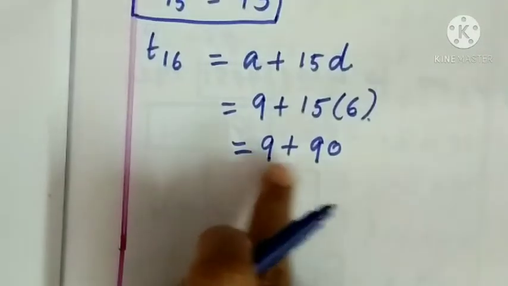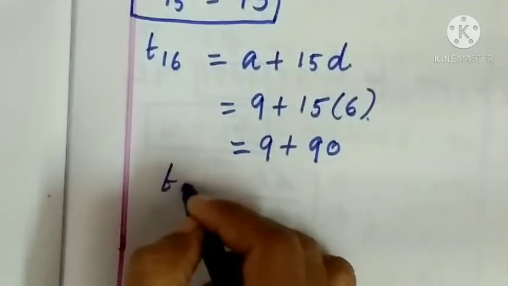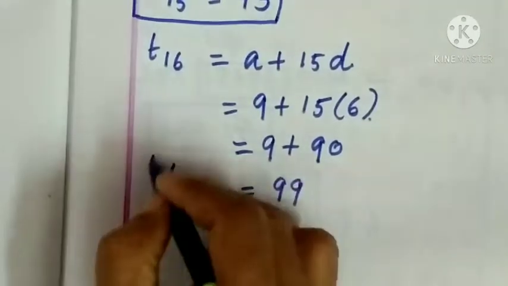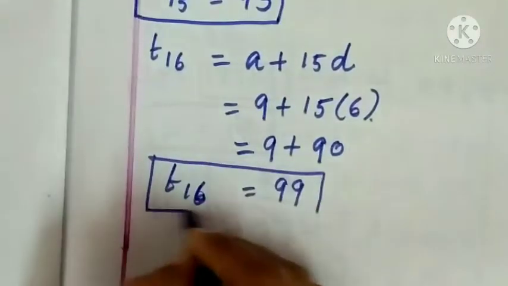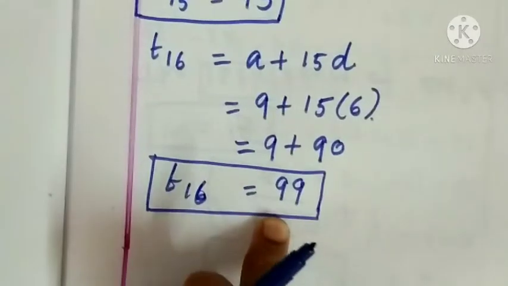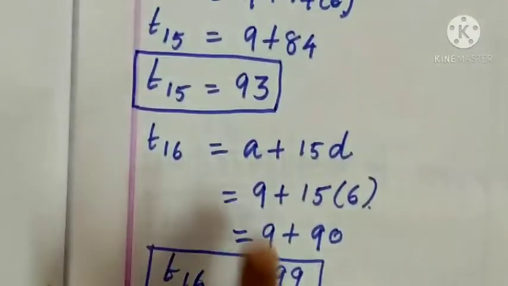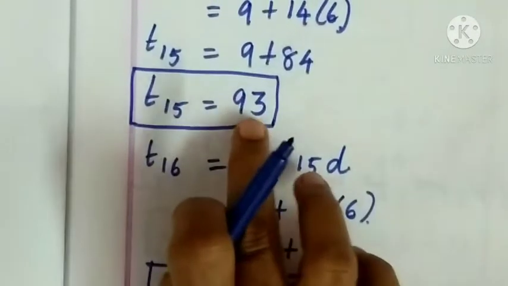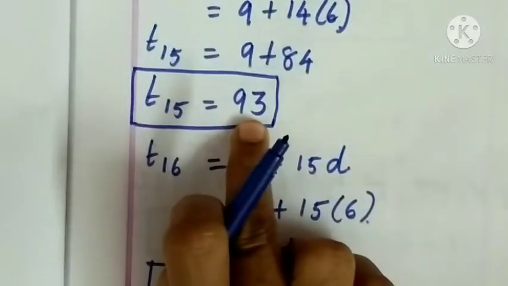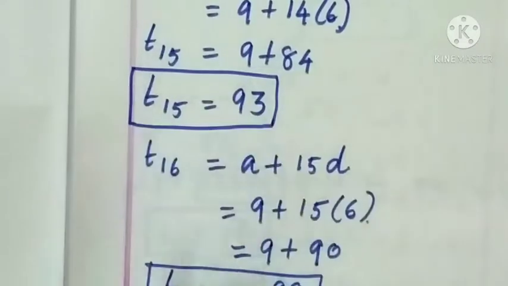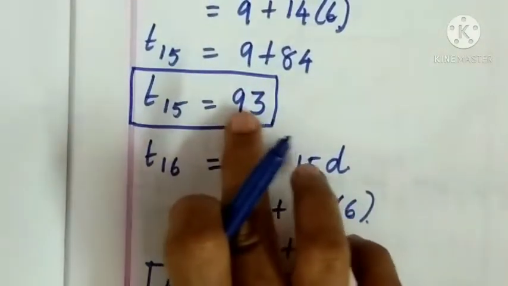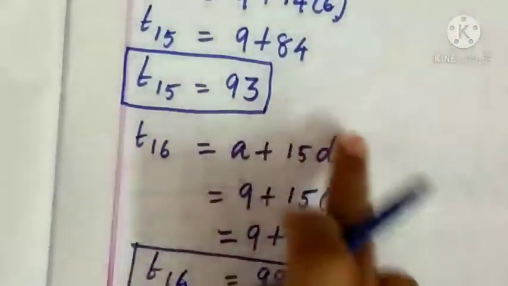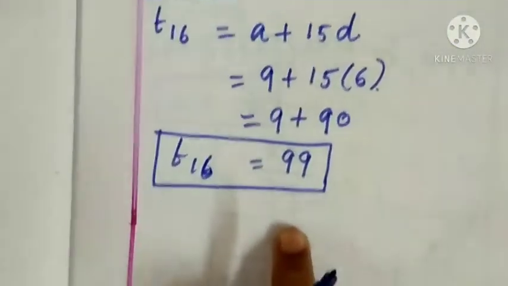Now add 9, and we get T16 is equal to 99. The 16th term of the AP is 99. The 15th term is 93. Let's add the common difference to this term and we get 99. Let us check: 93 plus 6, the difference is 6, therefore 93 plus 6 is 99.